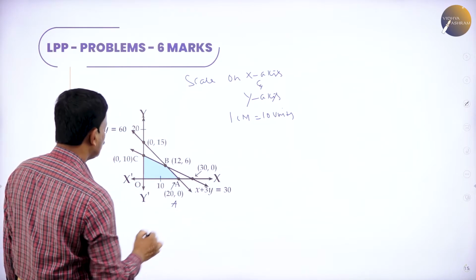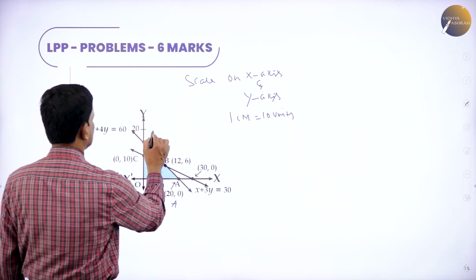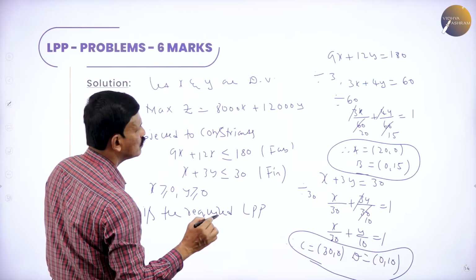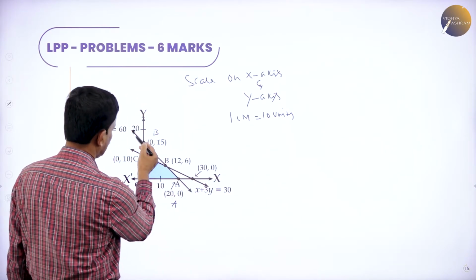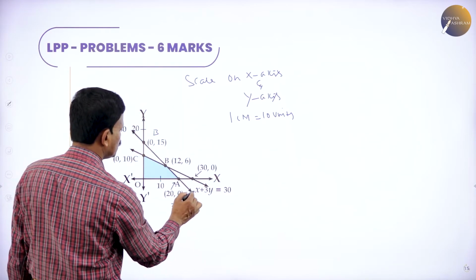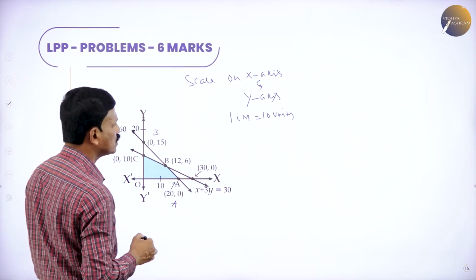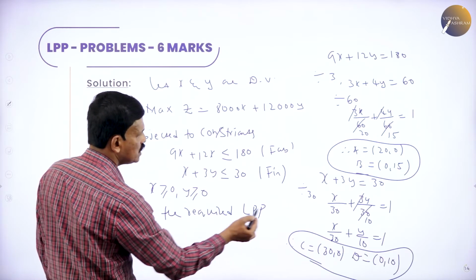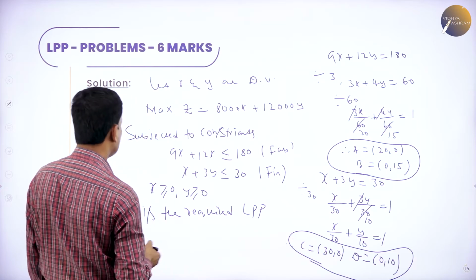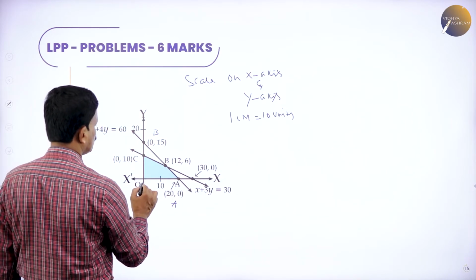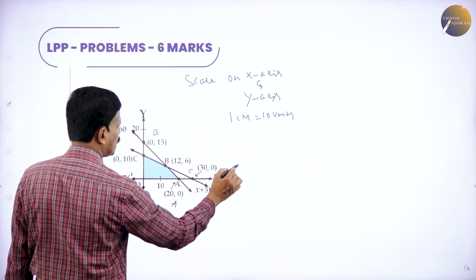And what is B? B is 0 comma 15. Draw a straight line, so this is 9X plus 12Y is equal to 180. What is C? C is equal to 30, 0. This is C, 30, 0.